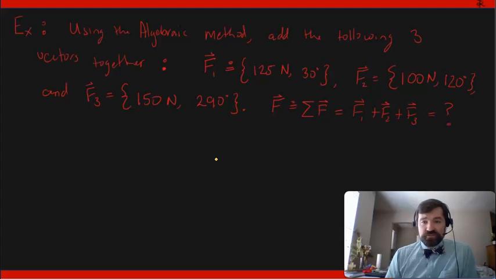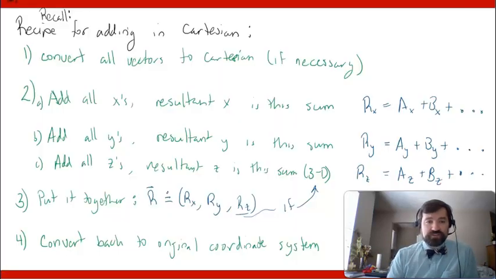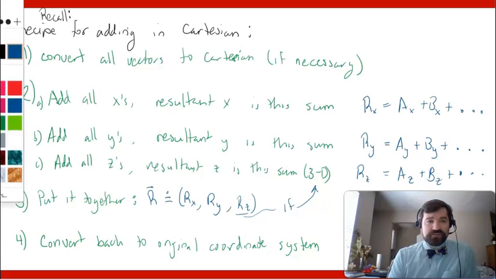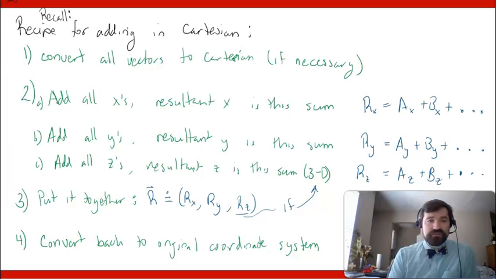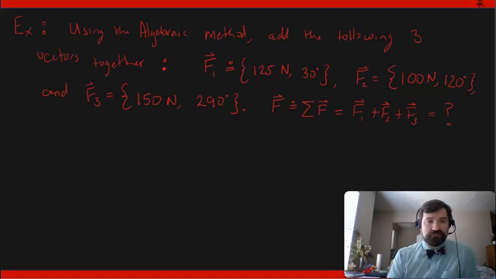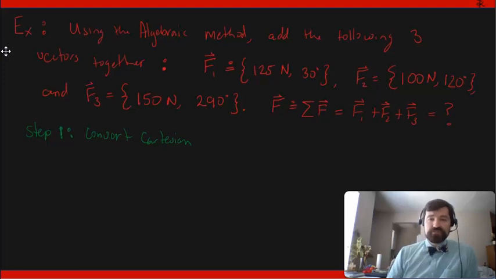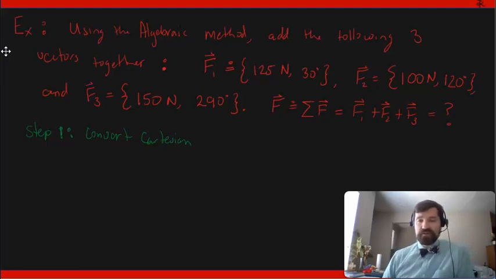So we've been given three vectors, and the first step in our recipe is to convert all these vectors into Cartesian. So step 1, convert to Cartesian. The process of converting to Cartesian, you'll recall, involves multiplying r times sine or cosine of theta to get y and x respectively.